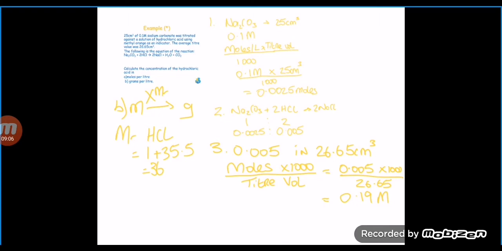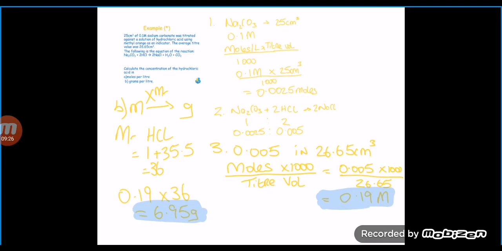And what you're going to do then is your 0.19 multiplied by the 36.5, and you get 6.95 grams.